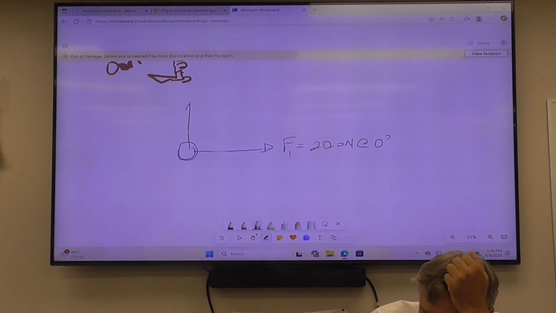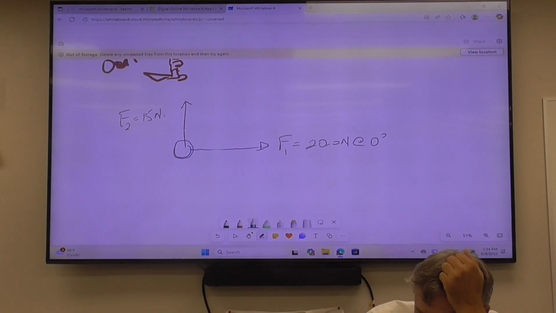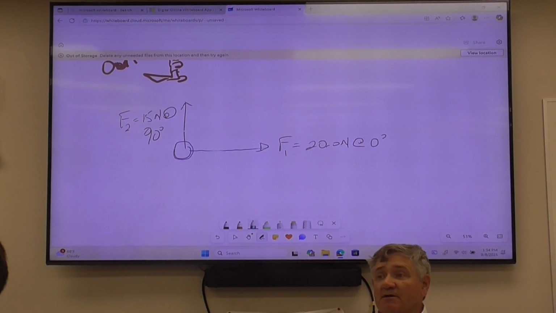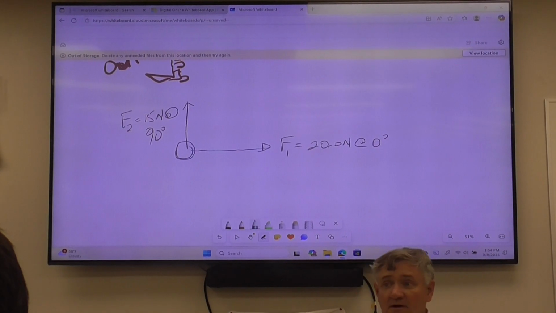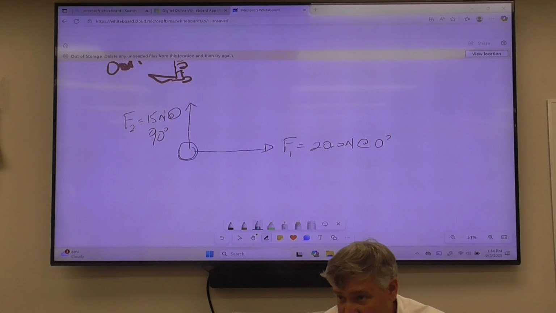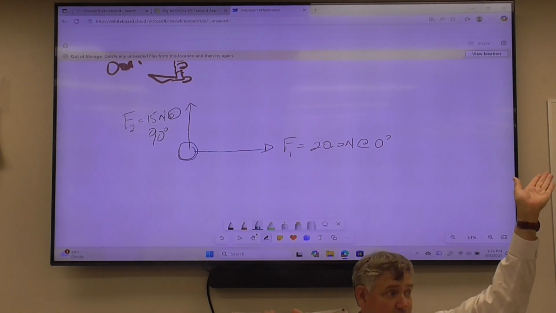And at the same time, it's also kicked, force 2, which would be 15 newtons at 90 degrees. So imagine that you have Isaac and Son both kicking the soccer ball at the same time. Isaac's kicking it this way, Son's kicking the ball this way. At the same time.